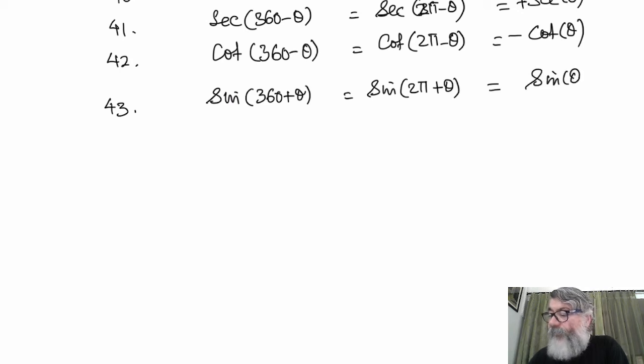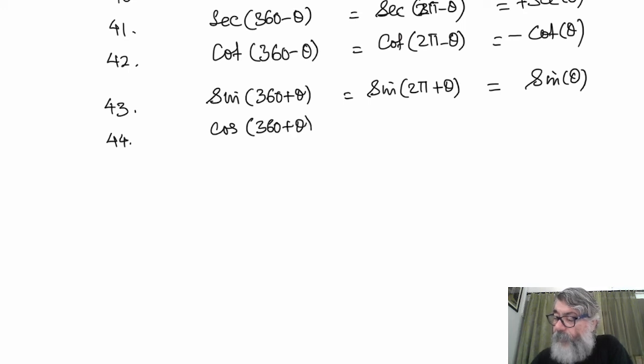They are going to come into the first quadrant. In the first quadrant everything is positive, so we are not going to bother about anything, just keep writing plus. 360 plus theta, cos 2 pi plus theta will remain cos theta only.